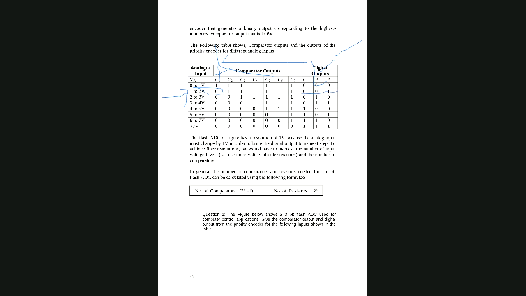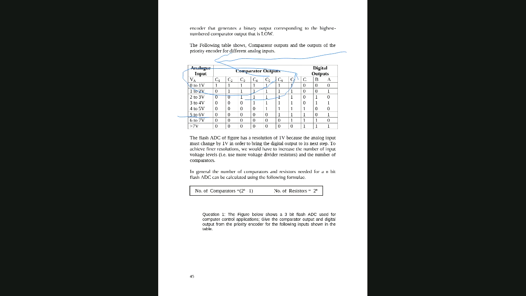Very simple. Again, for example, you are looking for 5 to 6, okay? What you will do, you find all the comparators. As I said, you will go from right to left, and you will find which is the first zero.